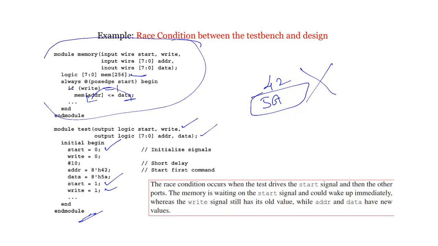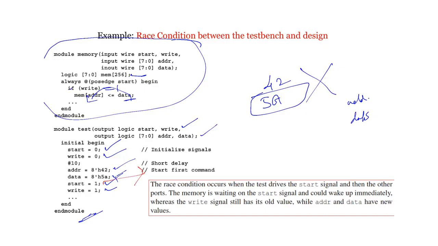Since there is no positive edge, it doesn't do anything. Next write is equal to 0, and then we wait for 10 nanoseconds, address is given, data is given. So address and data have new values, and again what we have given is start equal to 1.